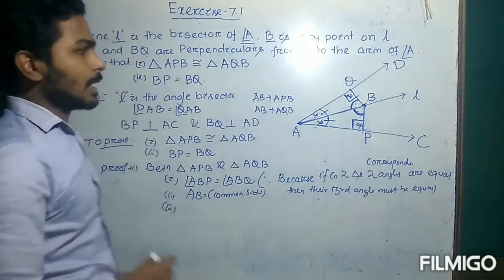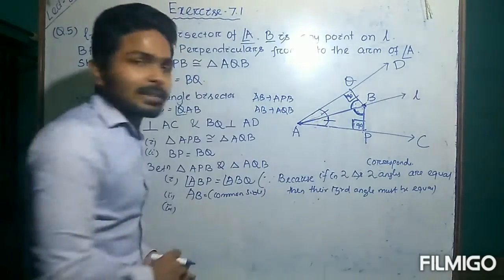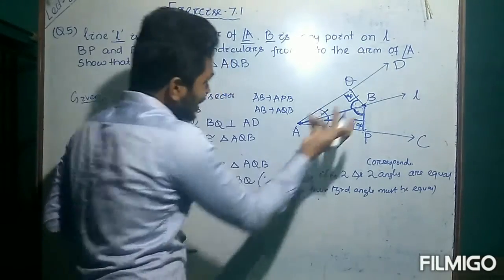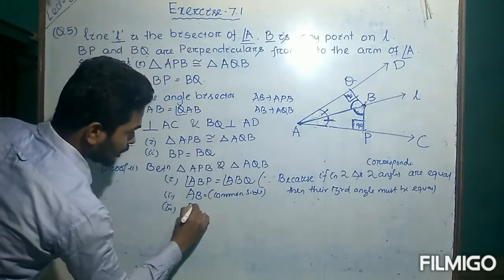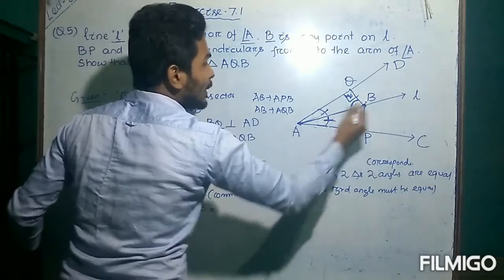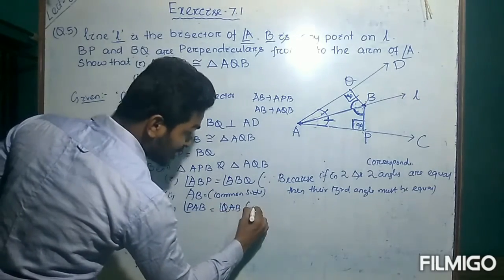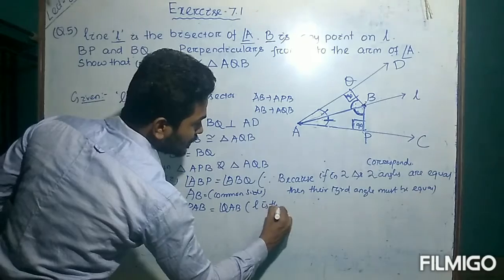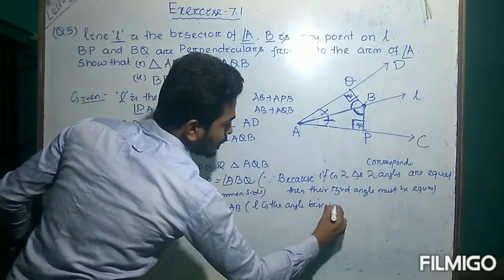Understood? The third condition is that it is already given that AB is the angle bisector. It means this angle is equal to this angle, right? So PAB is equal to this angle QAB. Why? Because AB is the angle bisector.